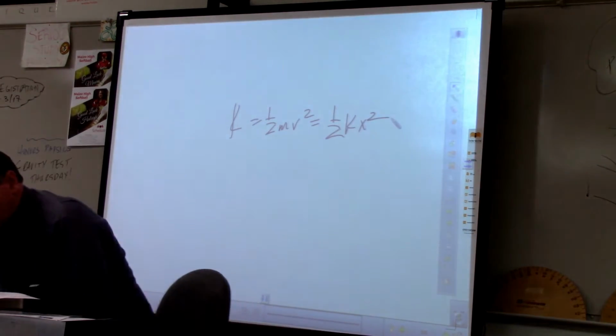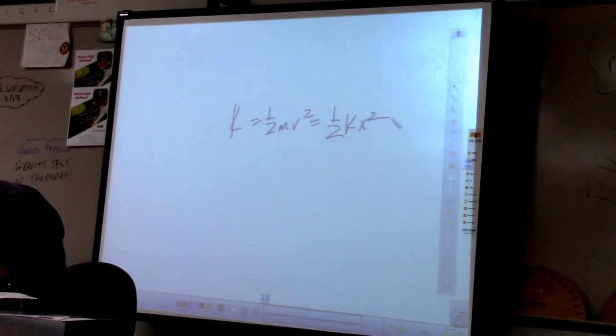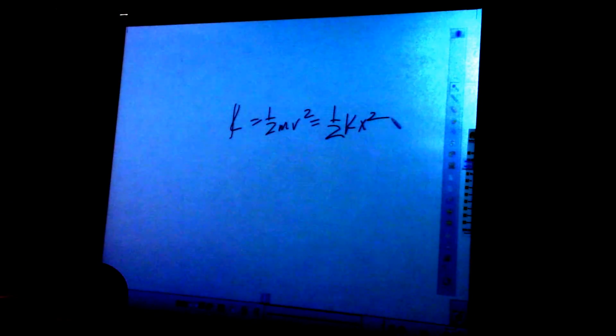Now, here's the $1 million question. Block A hits first, sticks to the wall, calculate the maximum compression of the spring. What do you use for the mass? 2 kilograms, the 8 kilograms, or the 10 kilograms? 8. Why? Because that's the one that's moving.